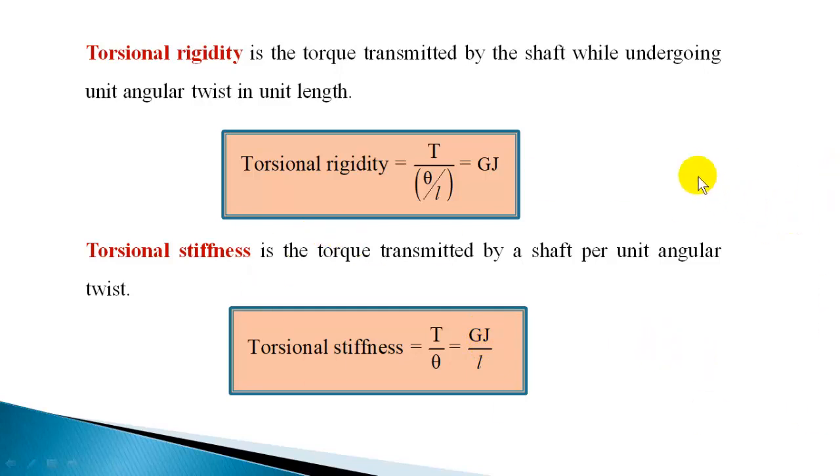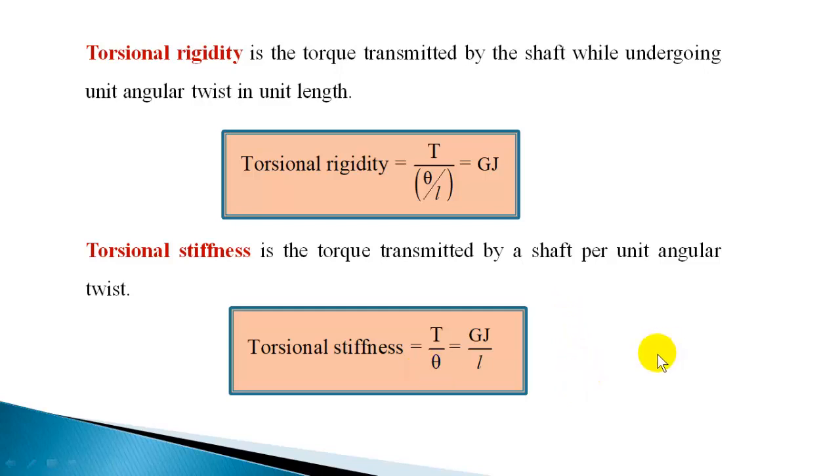When shafts have the same material, torsional rigidity can be compared by comparing polar moment of inertia. So when the shafts are of the same material and length, whether it's torsional rigidity or torsional stiffness, the one having the higher polar moment of inertia will have the maximum torsional rigidity and maximum torsional stiffness.